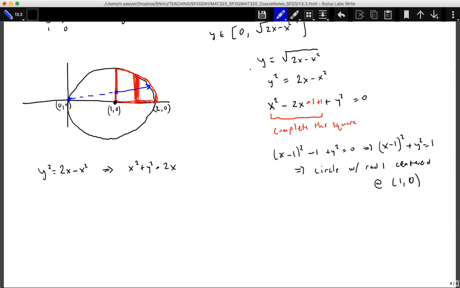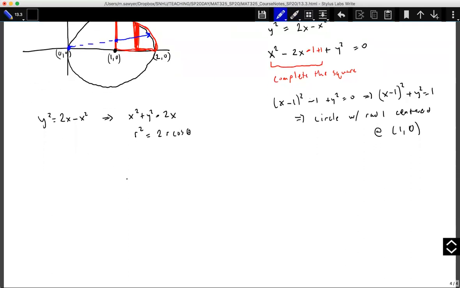So when we were solving for our upper curve here, y squared equals 2x minus x squared, when we're looking for the upper part of the radius, x squared plus y squared is equal to r squared by definition of polar coordinates, and x is equal to r cosine theta, also by definition of polar coordinates. So dividing both sides by r, because we know our radius is not 0 at that point, we have r is equal to 2 cosine theta.